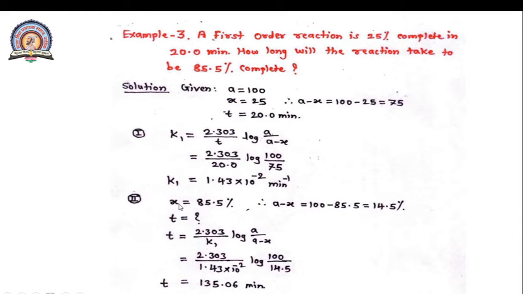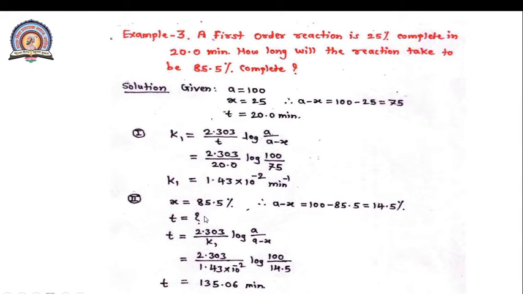Then second part: find how long the reaction will take to be 85.5% complete, that means calculate the time required. 85.5% reaction complete means x = 85.5. Therefore a - x, where a is the initial concentration, is 100 - 85.5 = 14.5.